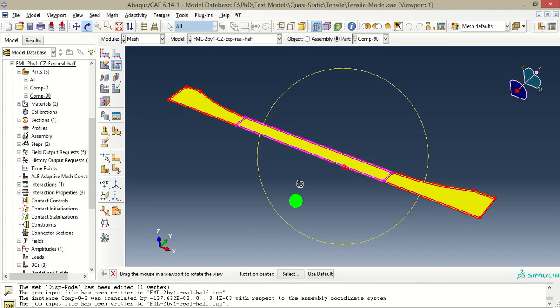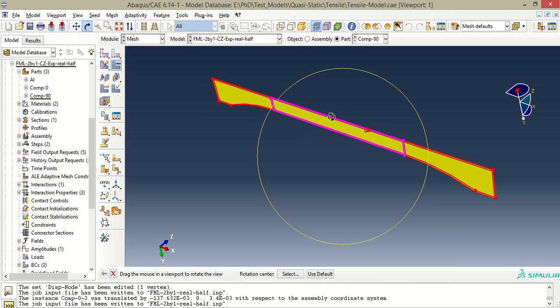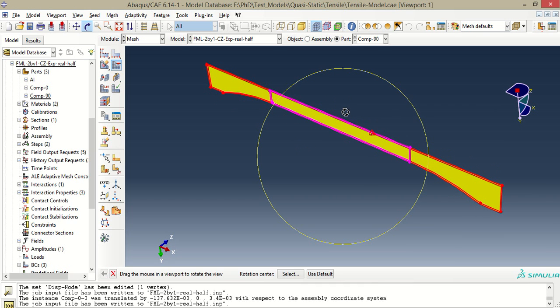During the refinement of the sweep path, remember that how your elements are generated will be important. Your elements will be generated along this thickness direction. This direction you can take in this way or in this way, no problem. But when it asks for thickness, always go with the Z direction. It's better that you go in that.